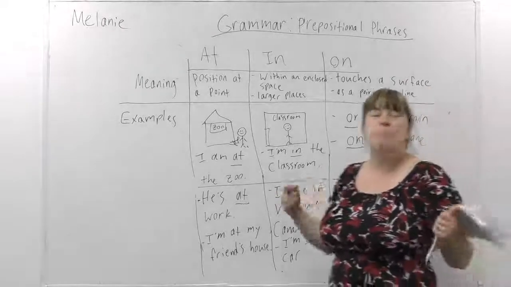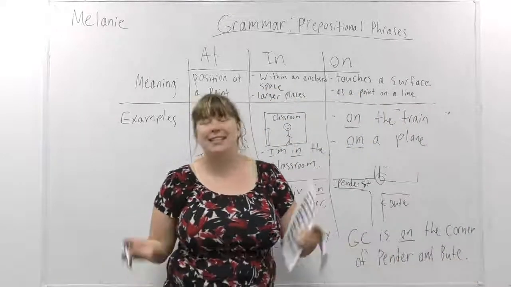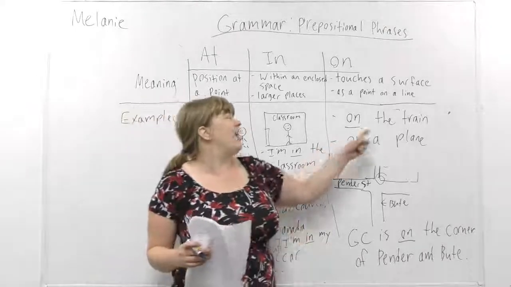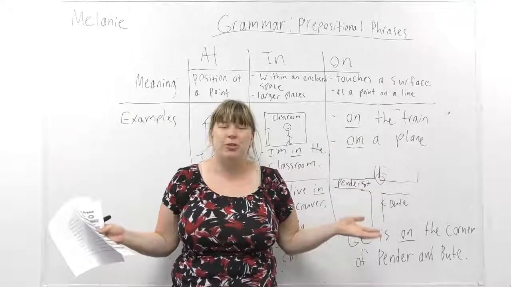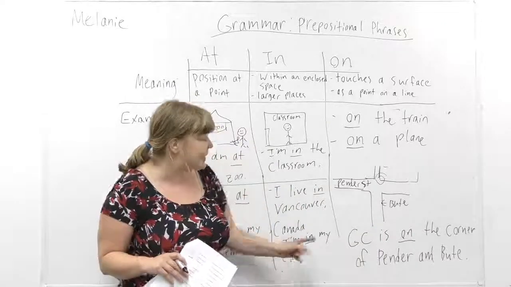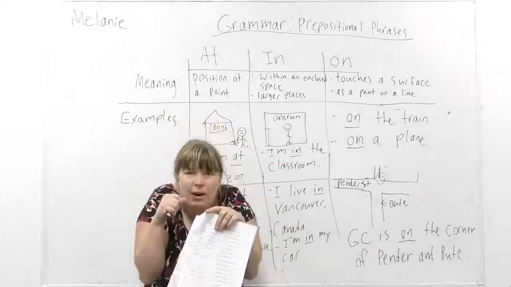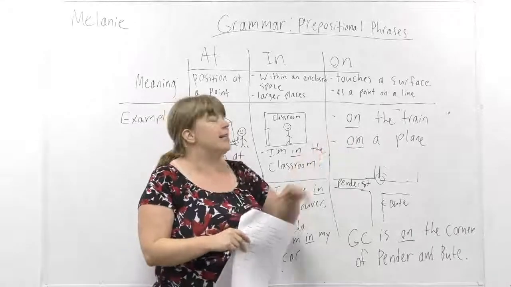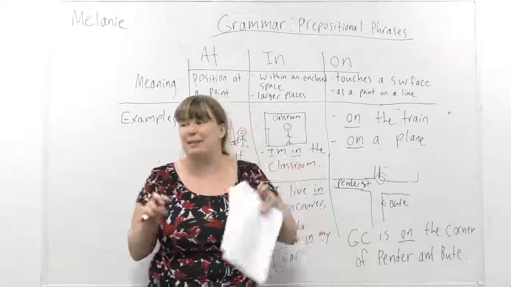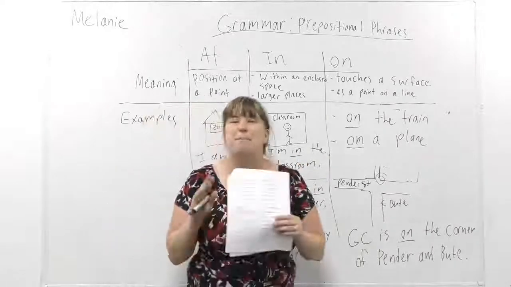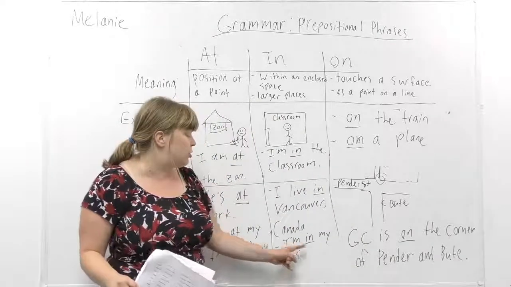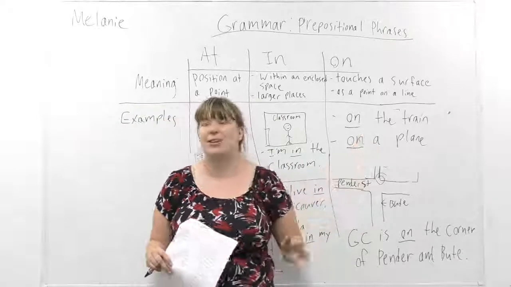Again, I'm not really sure what happened in the English language to make us decide in a car, on a train, on a plane. I don't know what happened, but the best way to remember it is in a small car. And then the train and the plane are bigger, so you're going to be on them. That's just the best way I could explain it for now, but it's a funny English rule, so just something to be careful of, that's all.